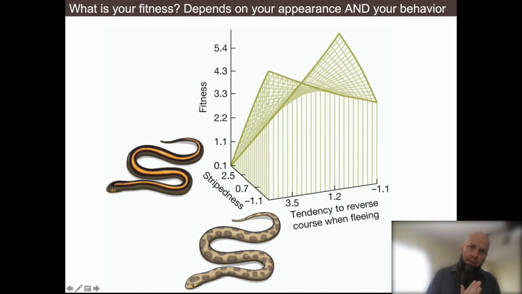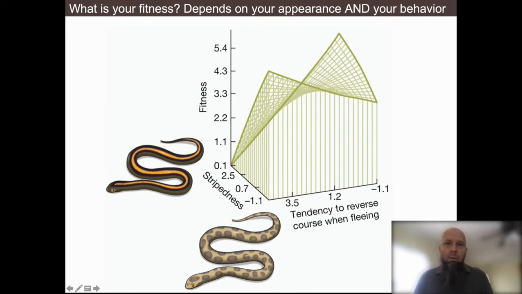Come way over to the left towards that 3.5, okay? If you have a high tendency to reverse course when fleeing, the highest point is the one that's closest in terms of stripedness, not striped. They're spotted. So spotted snakes that reverse course when fleeing, that's the corner of this graph that's closest to you, and that's the highest point, okay?